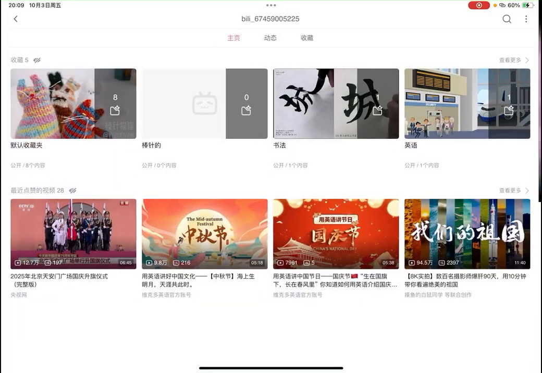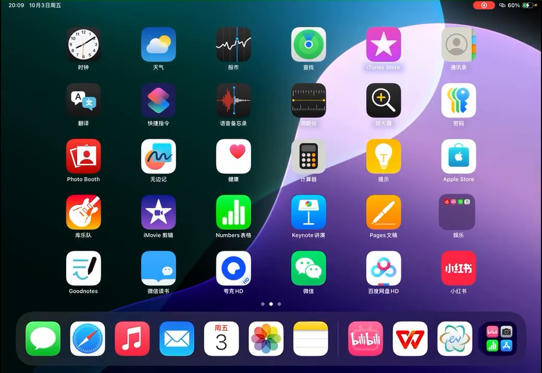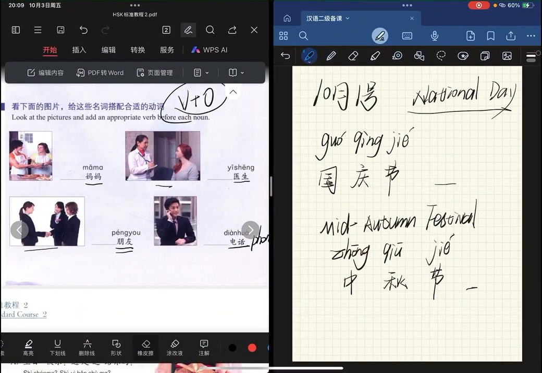So after watching, let's see. If we want to say Happy National Day or Happy Mid-Autumn Festival, we can use 快乐.